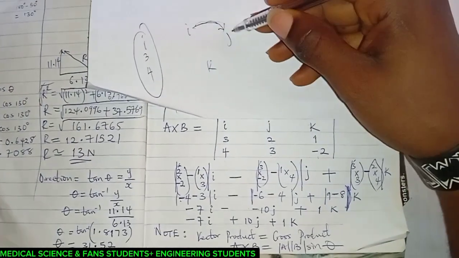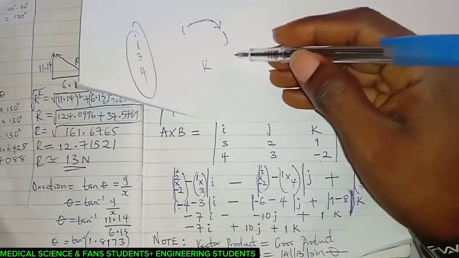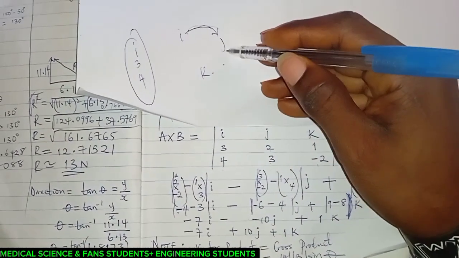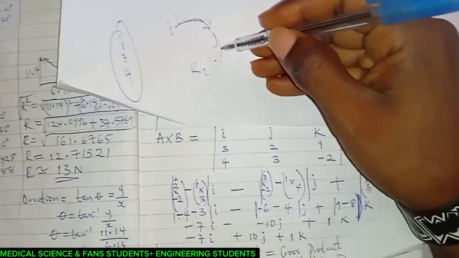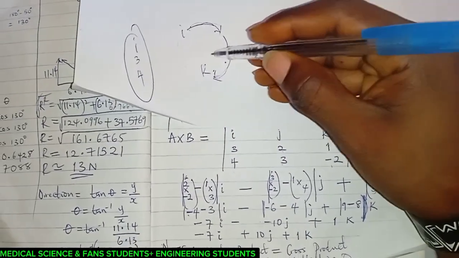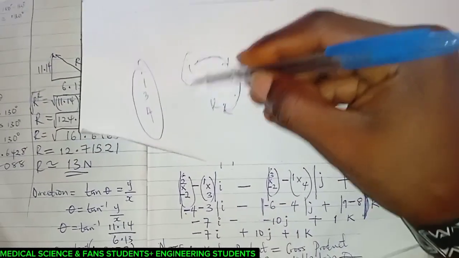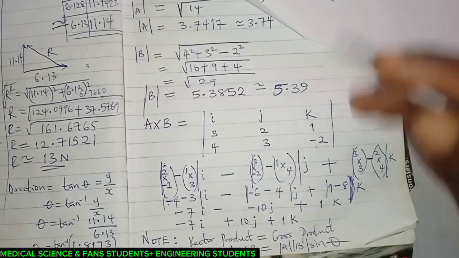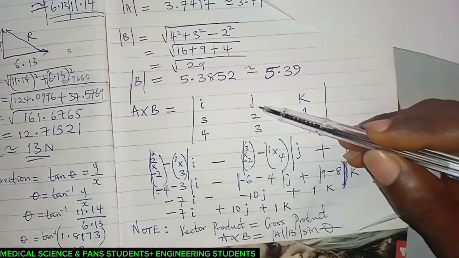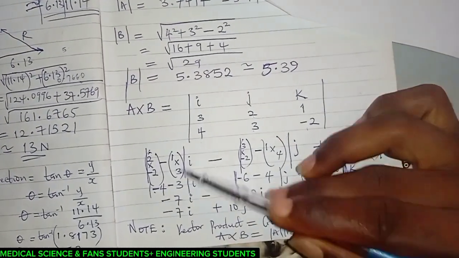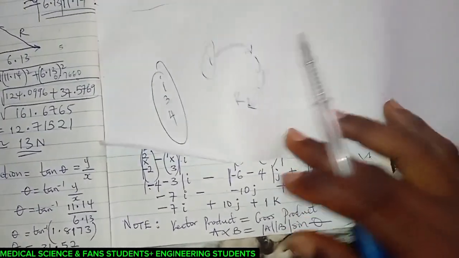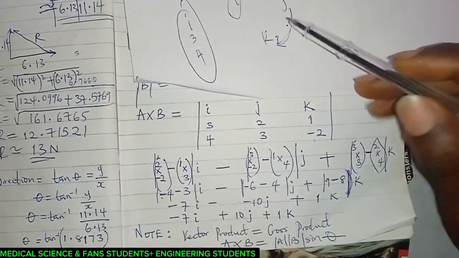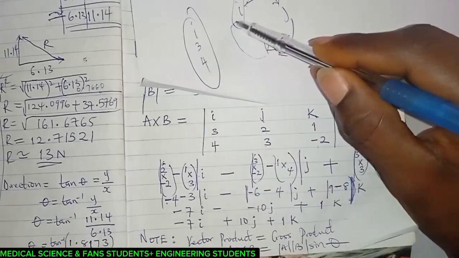If I cross j, it will give me k. And if j cross k, it will give me i. So that means j and k crossing gives me i. So I'll cross j and k. So I'll use the values of j and k to find i. The same thing with j. When I want to find j, I will do k cross i.